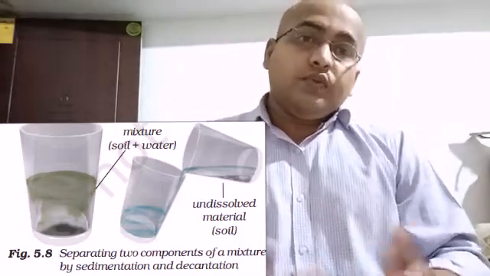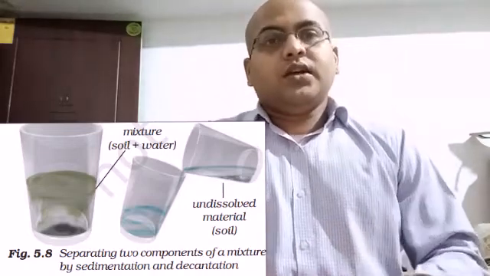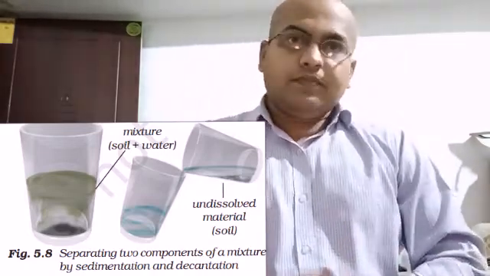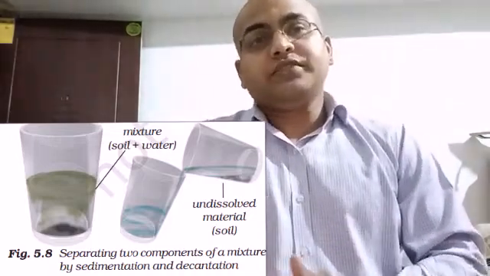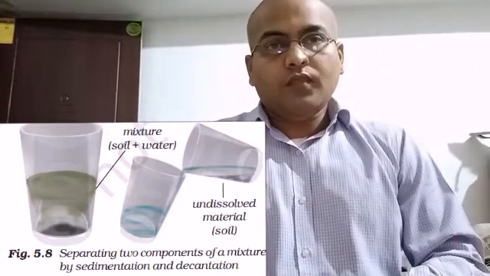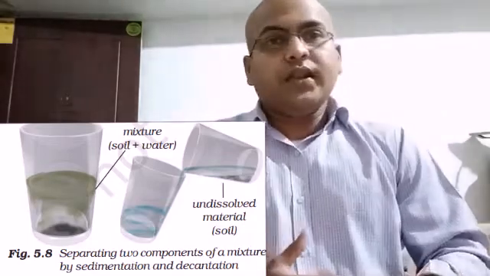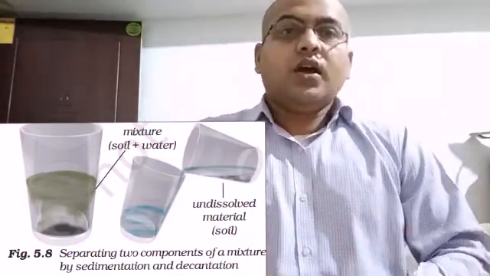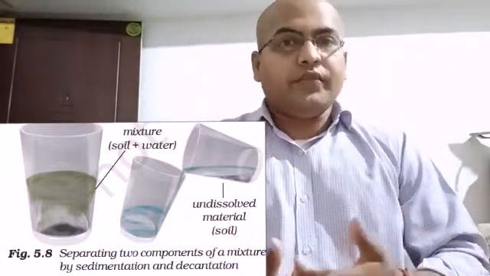So we use a strainer to separate the tea leaves from the tea. So filtration is more useful than the methods of sedimentation and decantation. Today we will discuss some activity through which we will understand how filtration takes place, and it is very important for our day-to-day life.